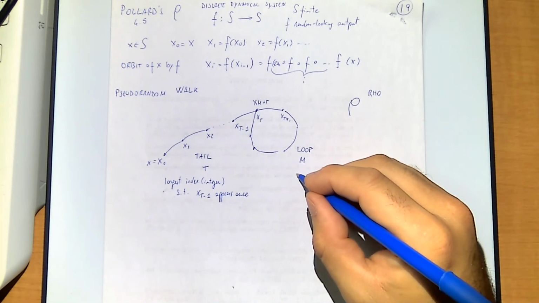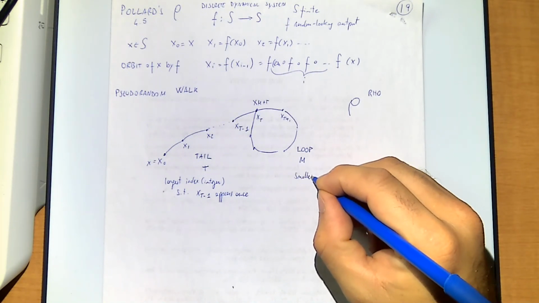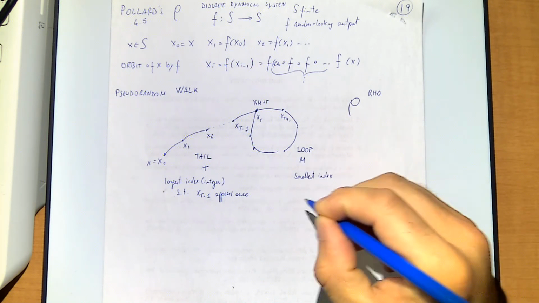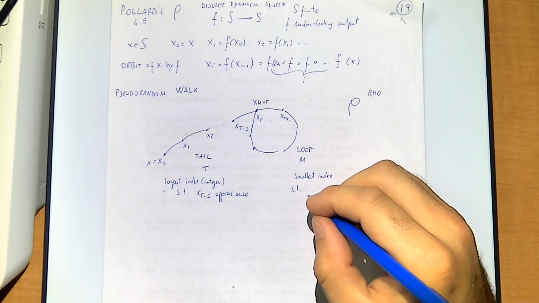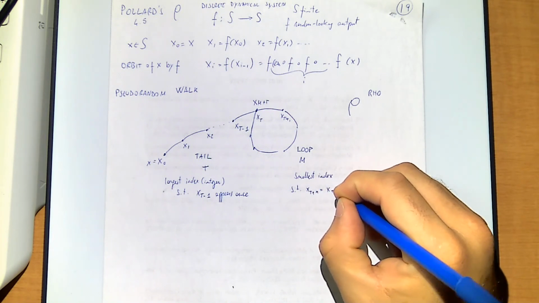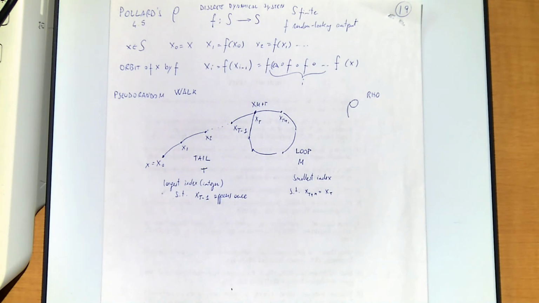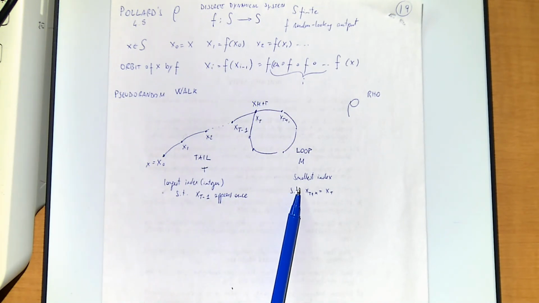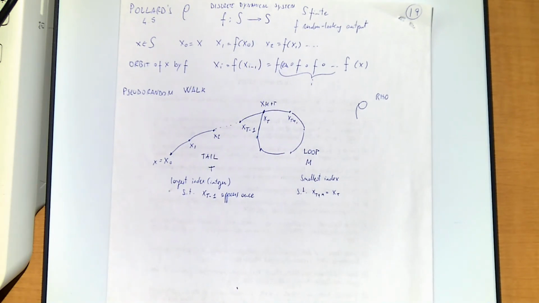And m is the smallest index such that x t plus m is equal to xt. Okay. So we have to take the largest and the smallest because, of course, it keeps looping. So you could say, oh yeah, this is the length, but hopefully this is clear.